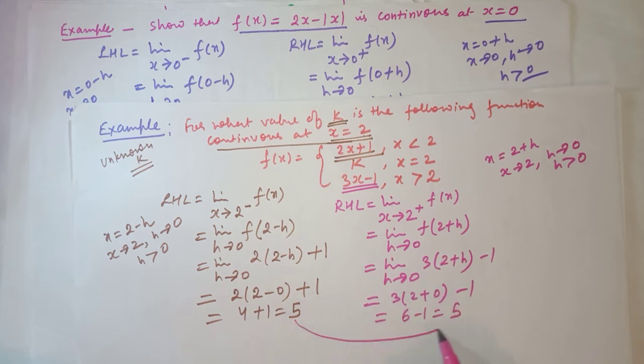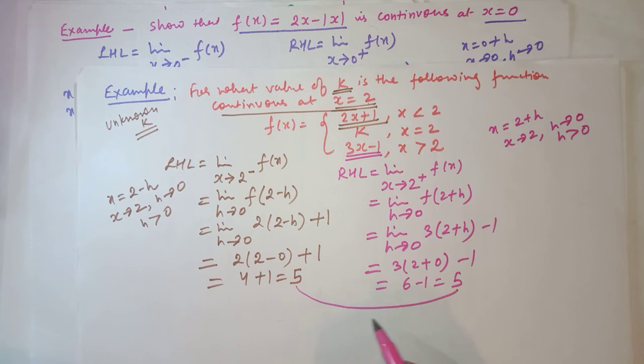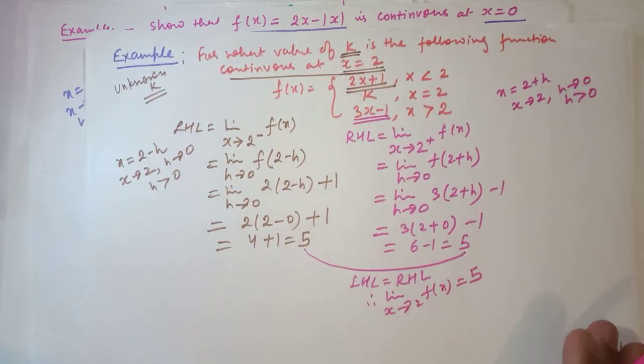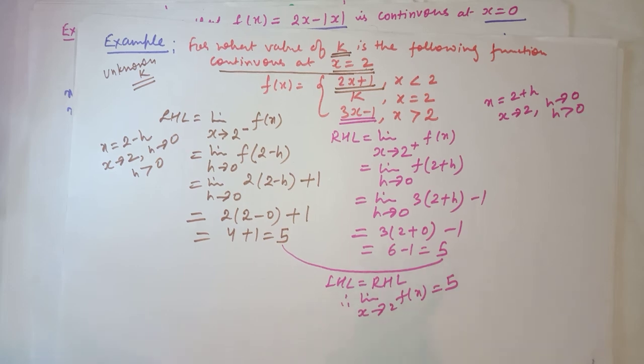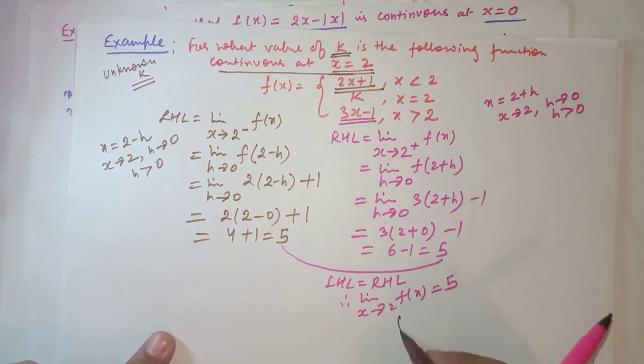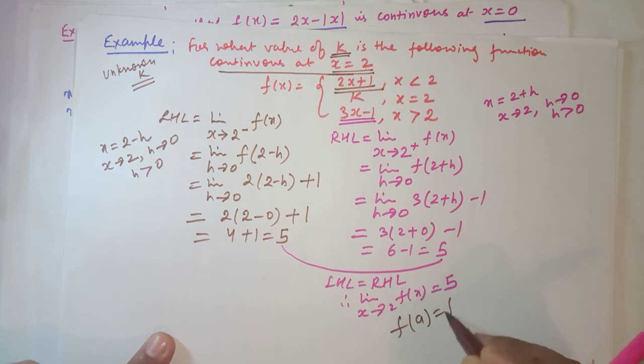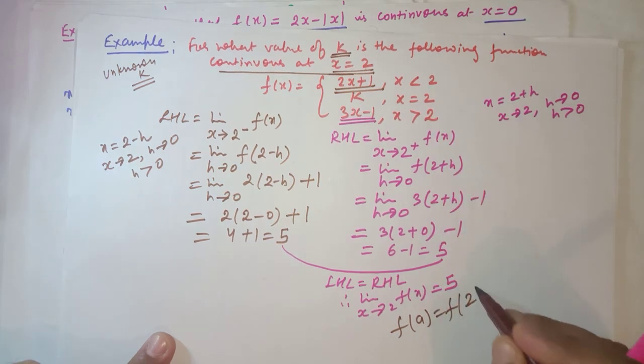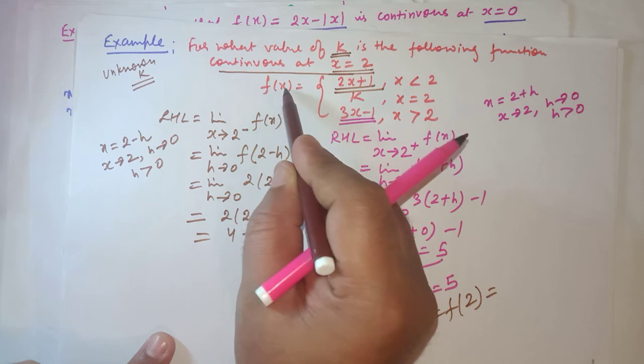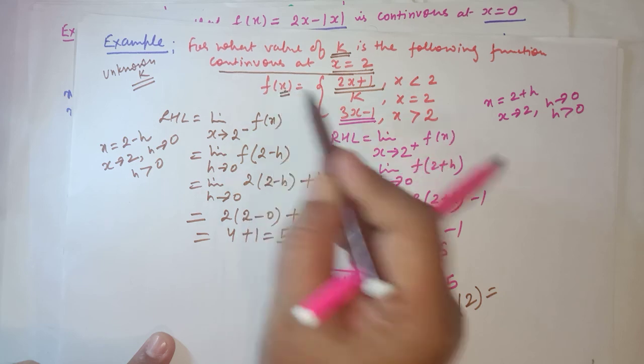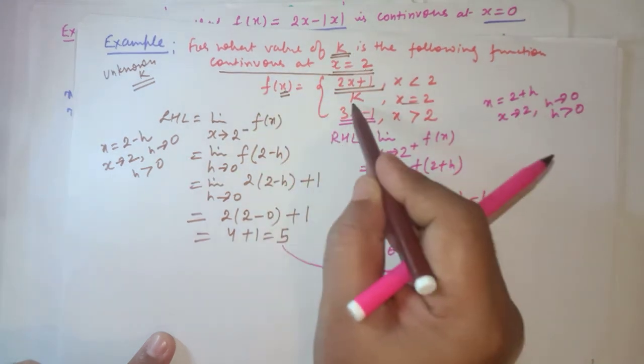So we see that these two values are equal. That is, left hand limit is equal to right hand limit. So therefore limit x tends to 2 of f(x) is equal to 5. Now f of a, that is f of 2. f of 2 is given when we substitute x is equal to 2, here x is equal to 2, f(x) is defined as k.